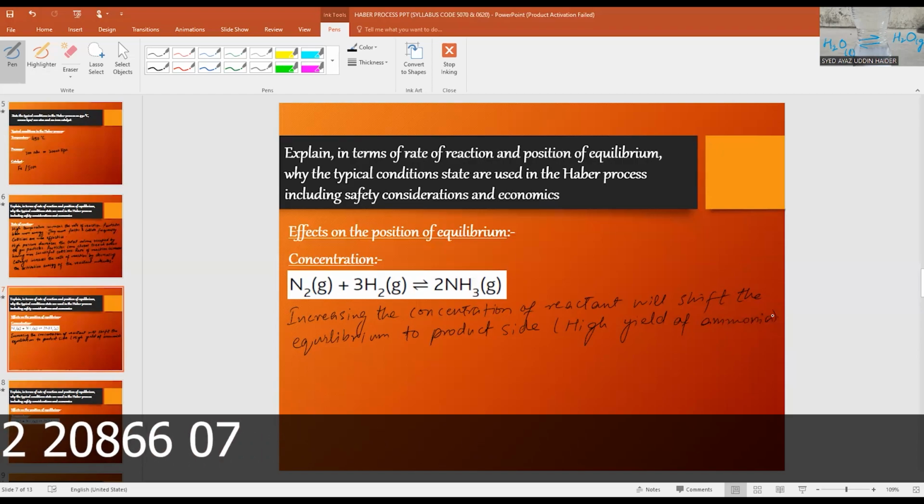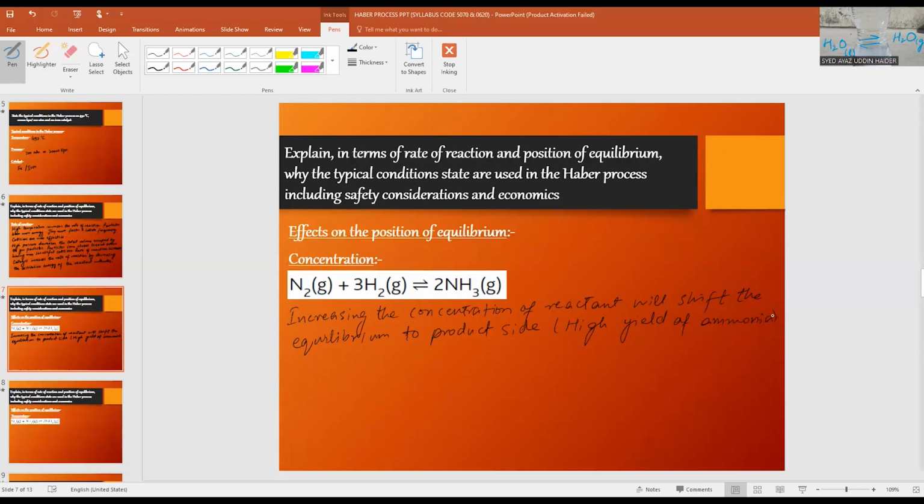The reason is to decrease the concentration of reactants or to increase the concentration of product.